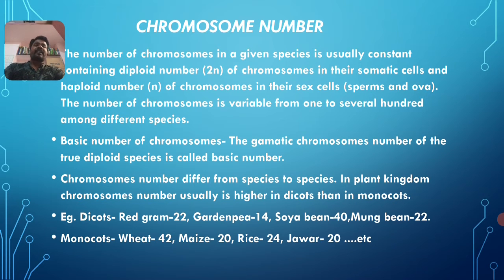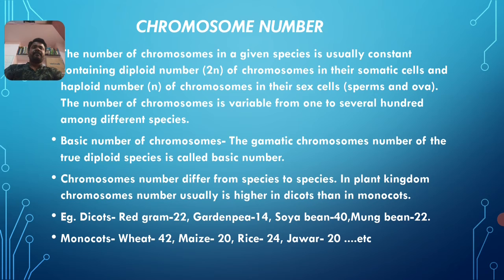Then the diploid set of chromosomes present in dicotyledon plants: red gram consists of 22 chromosomes. Garden pea consists of 14 chromosomes. Soybean, Glycine max, consists of 40 chromosomes. And mung bean, that is green gram, consists of 22 chromosomes.